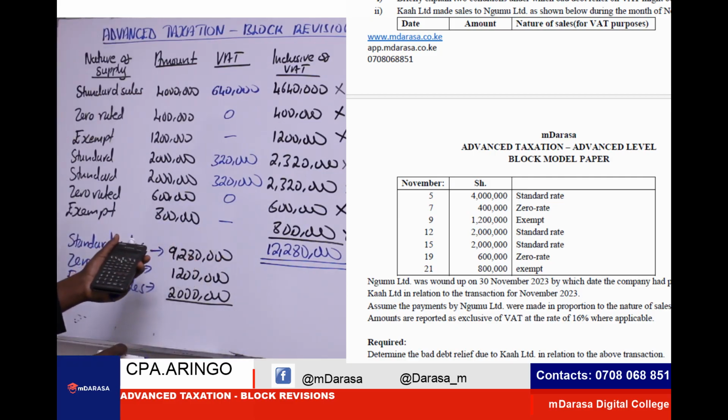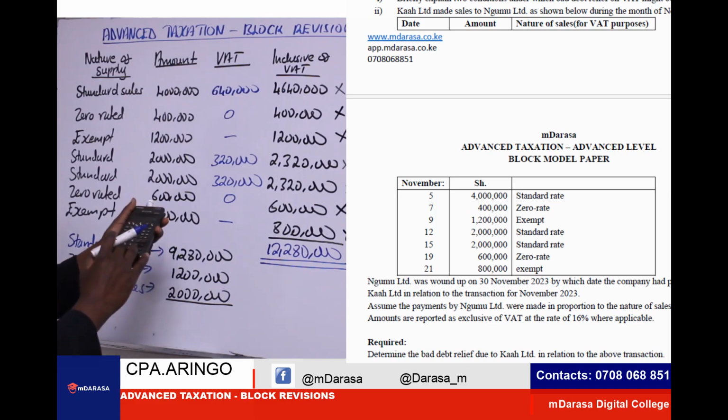So if at all we had this, in this case I'm having 2320, 4640 plus 4640.